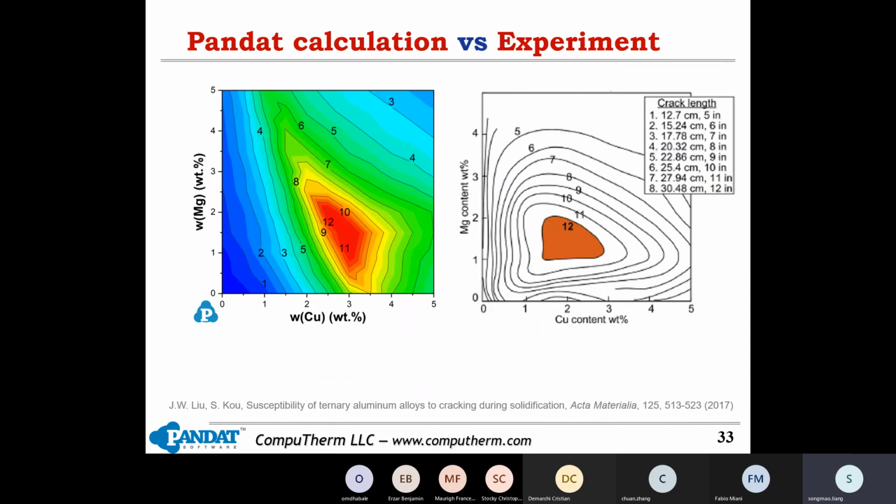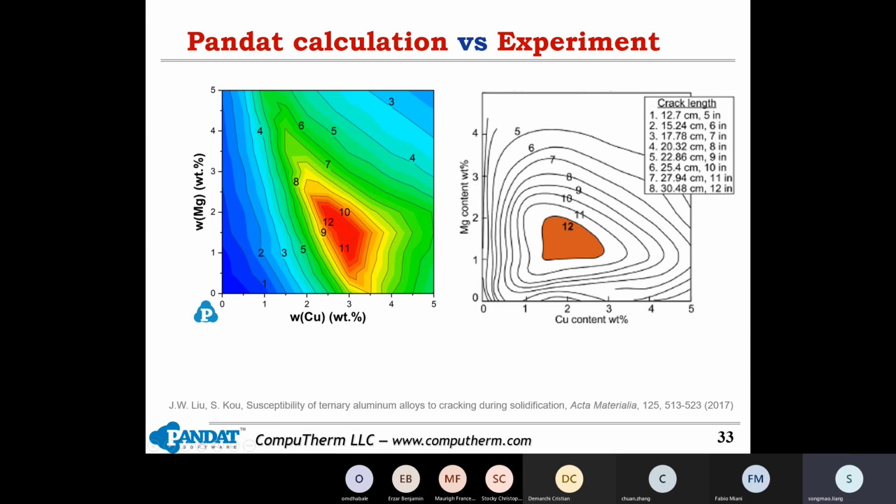Now I want to give you a comparison between our Panda calculation and experimental work. This is an aluminum-copper-magnesium alloy. From this result, we can see our calculated result is in very good agreement with the experimental result on the right side. We can also see the impact of copper and magnesium on hot cracking susceptibility.